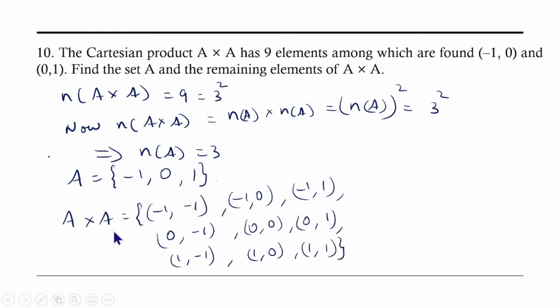So this is A cross A. The remaining elements of A cross A will be all those elements excluding (-1, 0) and (0, 1). Excluding these two, all the elements will be the remaining elements of A cross A.